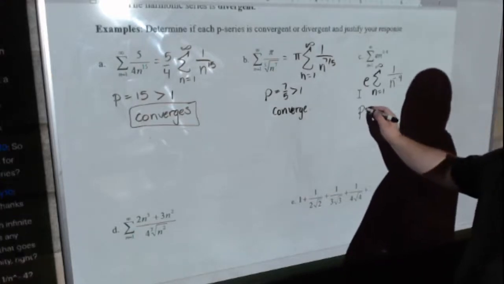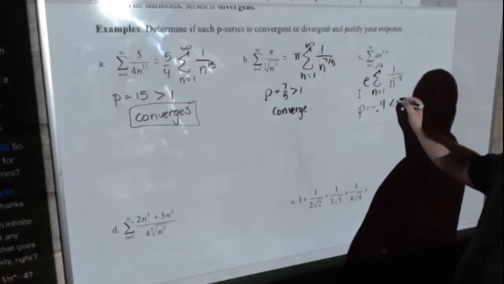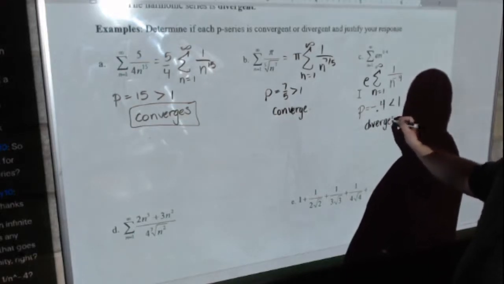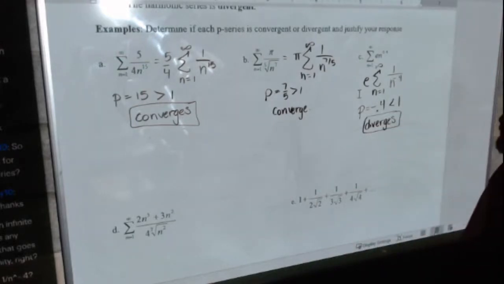So P there is a negative 0.4, which is less than 1. Therefore, this diverges. So yeah, you could write it as negative 2/5 as well. That works.